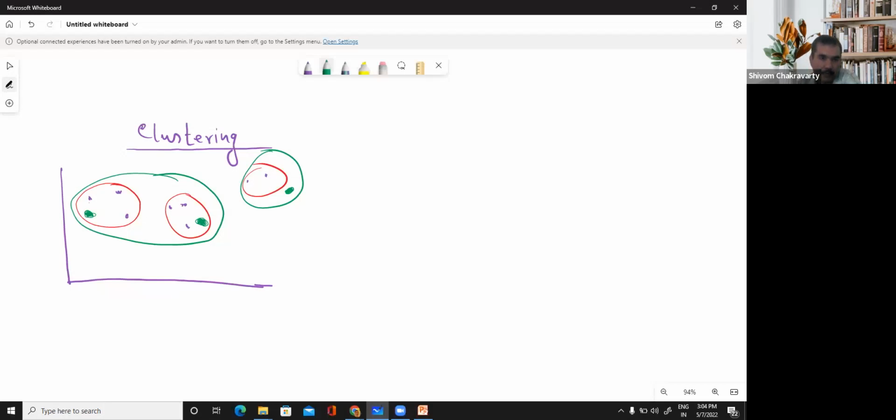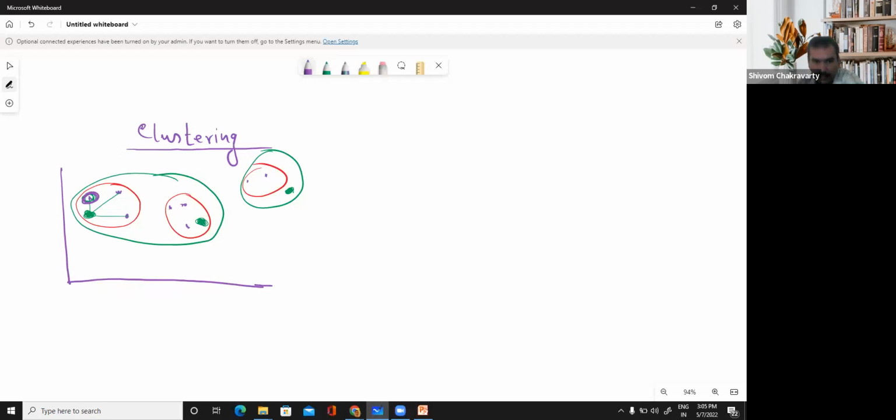Then we will see how far each of these points are from this oval shaped point. So for a given data point, say this data point at the top left hand corner, this data point is closest to which of these randomly selected centroids or midpoints? To whichever point it is closest, we will put this original data point in that cluster.